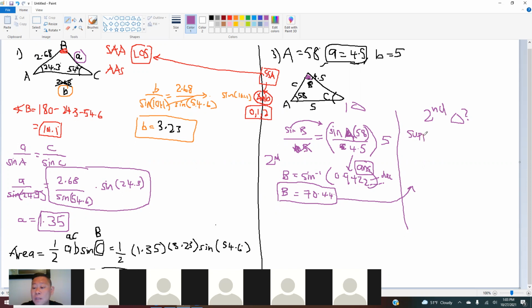Do you remember what I mean when I say supplementary? What's the meaning of supplementary? Anyone? Complement means you add them up, you get what degrees? 90. Supplement means you add them up, you get what? 180, right? So can you find the supplement of 70.44?